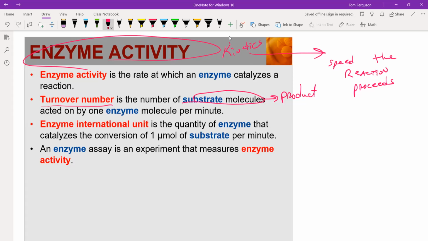The enzyme international unit is like the mole, only it's a standard SI unit. And then an assay is a way to measure this activity. Frequently in biochemistry labs, you do these kinds of things. Our labs don't have a lab like this, but frequently they do.